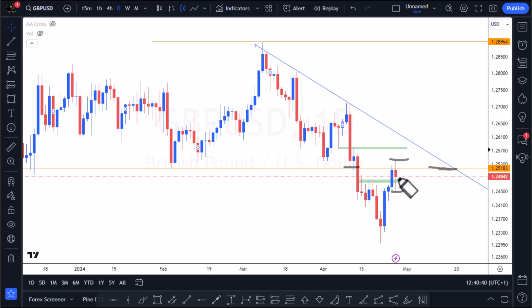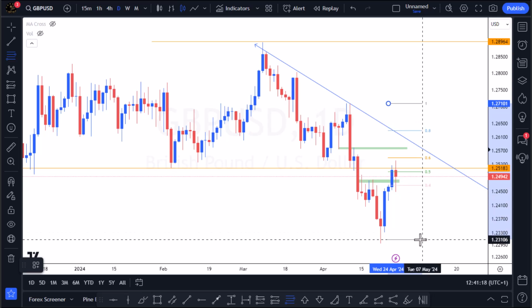Alternatively, a strong bullish candlestick close above the high of the bearish outside bar pattern plus the key level at 1.25183 would suggest a high possibility of the price testing the descending trend line detected from the high of 1.28964 on the 8th of March 2024. To be sincere, this would be my preferred zone to look for a short entry based on the strong technicalities spotted above.